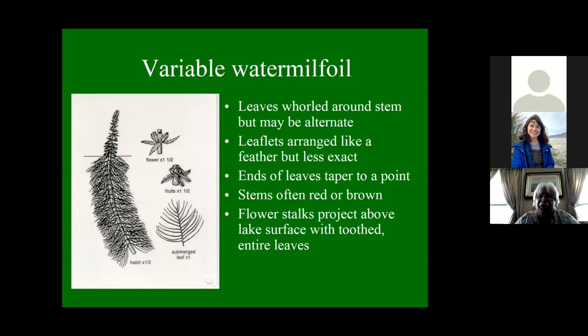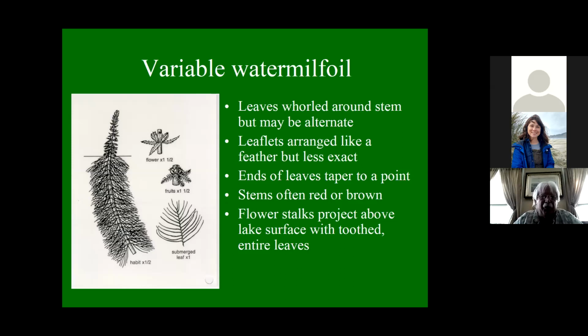Once again, for this species, its leaves are whorled around the stem, same as the Eurasian. But if you take a look at the individual leaflets, you can see they don't have that square cutoff look at the ends the way the Eurasian plant does. The subleaflets also tend to be less exactly opposite each other, or less exactly feather-like than the Eurasian is.